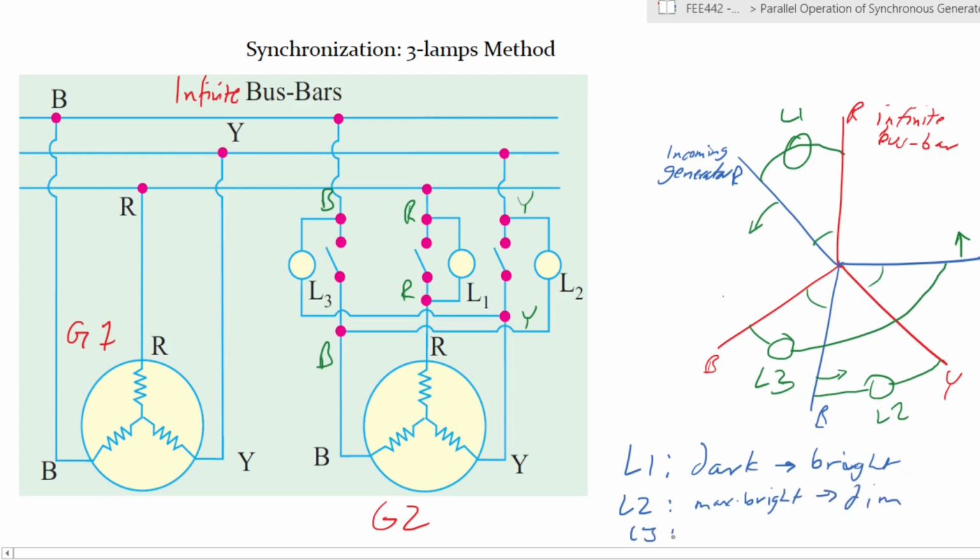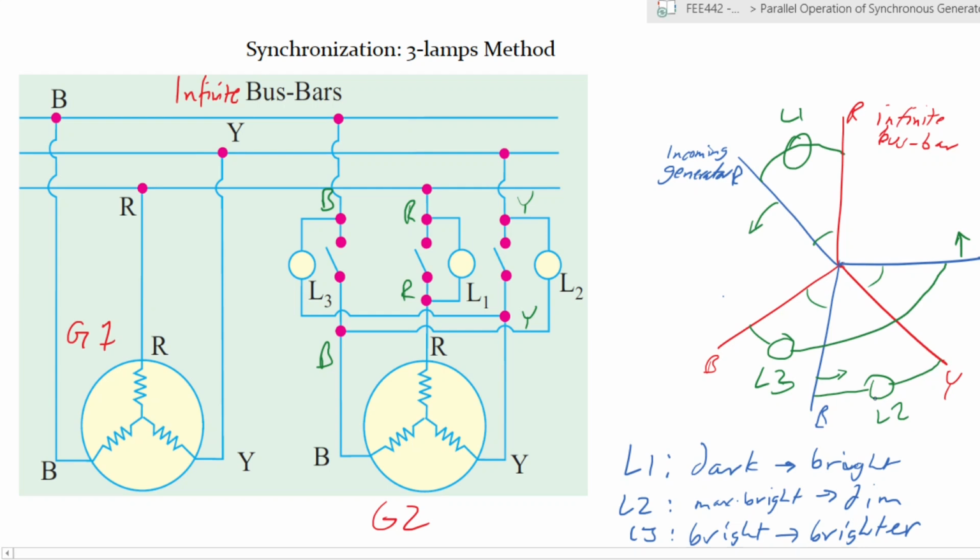And then L3 will be brighter and even becoming more bright because it is moving away from its counterpart. Okay, so bright to brighter. All right, so those will be the sequences.